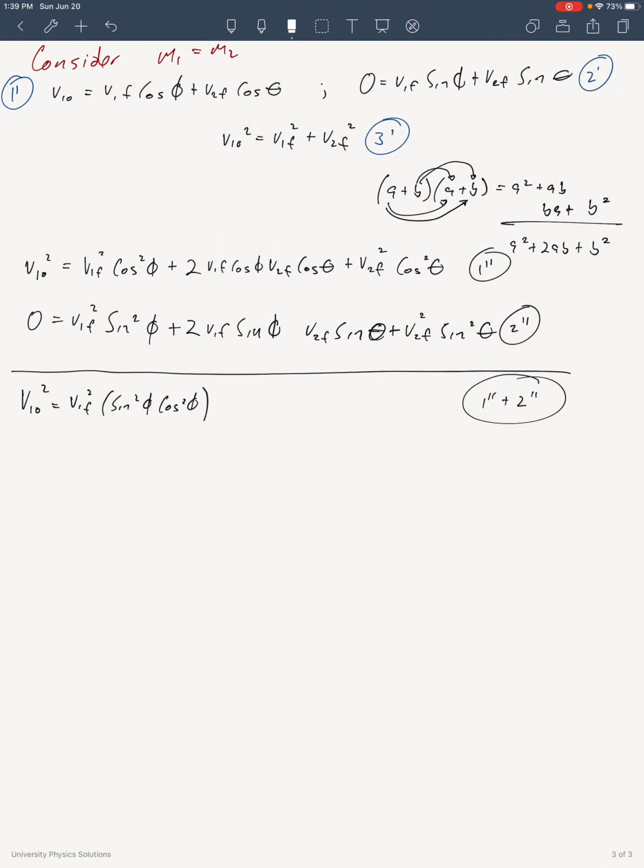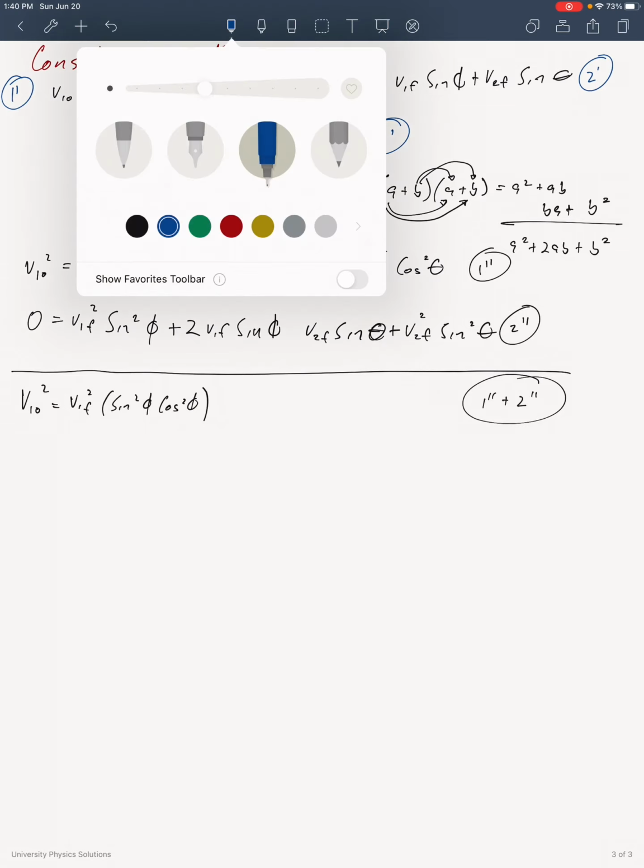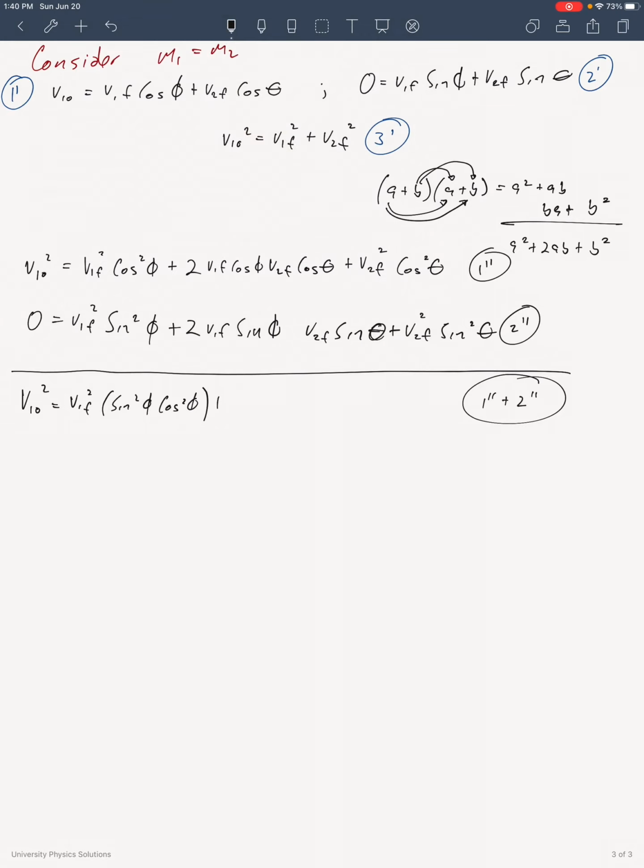Alright, so now I'm going to add these two together, the middle terms. I'm going to notice that this is the same as that, and this is the same as that.